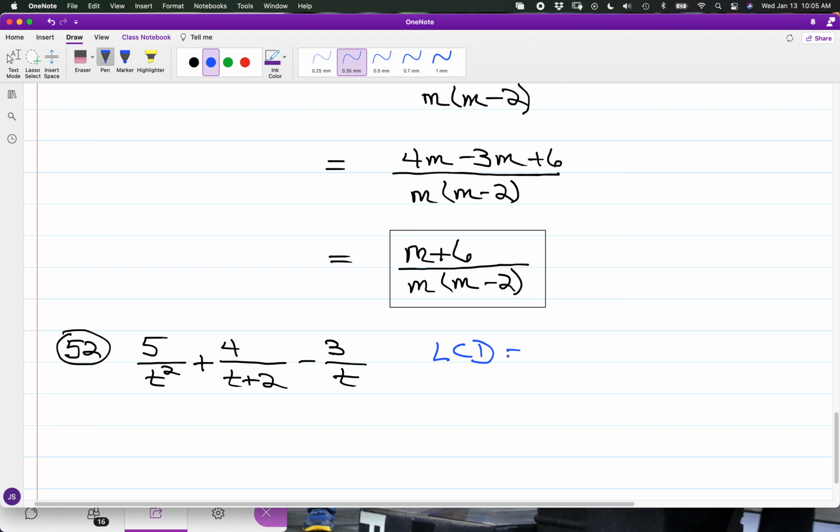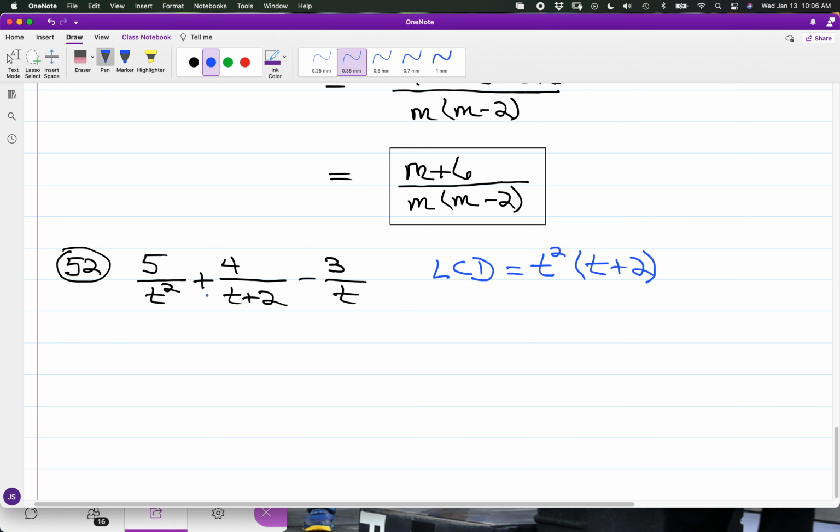Okay, and just for the standalone single terms, we have t and t squared, and in the least common denominator, not the greatest common factor, you're looking at the highest degree representation of each factor. So with the factor t, the highest degree representation is going to be t squared. And then we have the other distinct factor, which would be t plus 2. And to be able to unite these fractions into a single expression, all of these will have to be expressed in terms of the least common denominator.